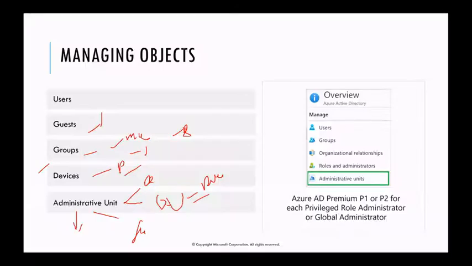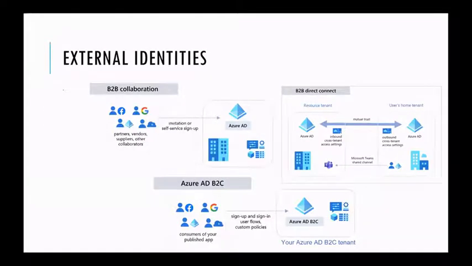So let's say you have partners, you have other organizations that you work with, that you share resources with, and you want them to be able to access resources within your own environment. Then the need for you to have external identities comes in.